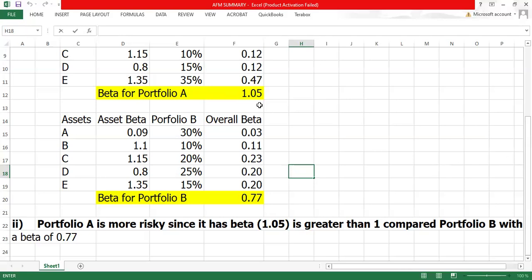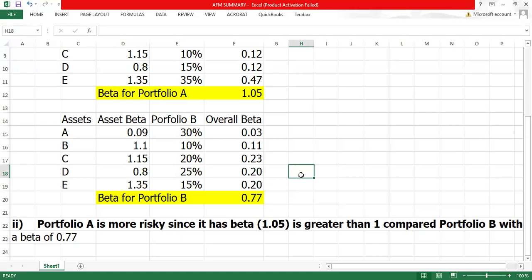So if you realize that, let's say this one is greater than 1 and also this one is greater than 1, the way you comment, you say that both portfolios are risky, but let's say portfolio A is more risky. Compared to what? You will say that both portfolios are risky since they have a beta greater than 1.